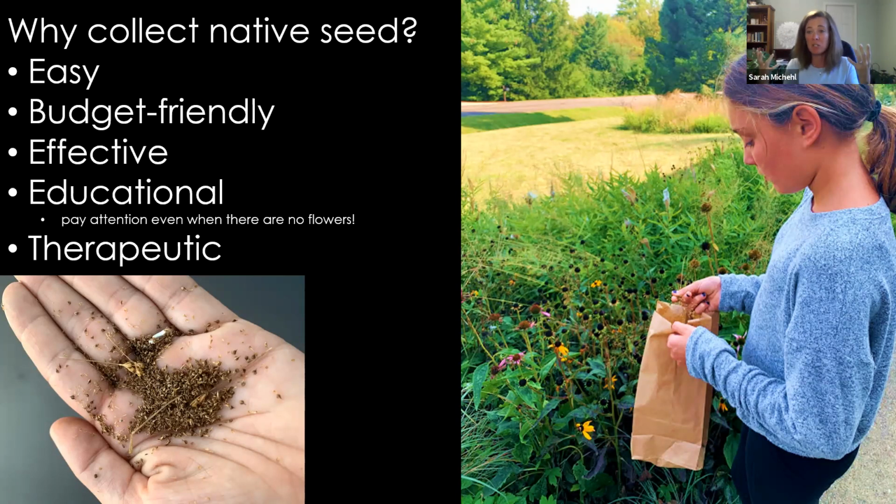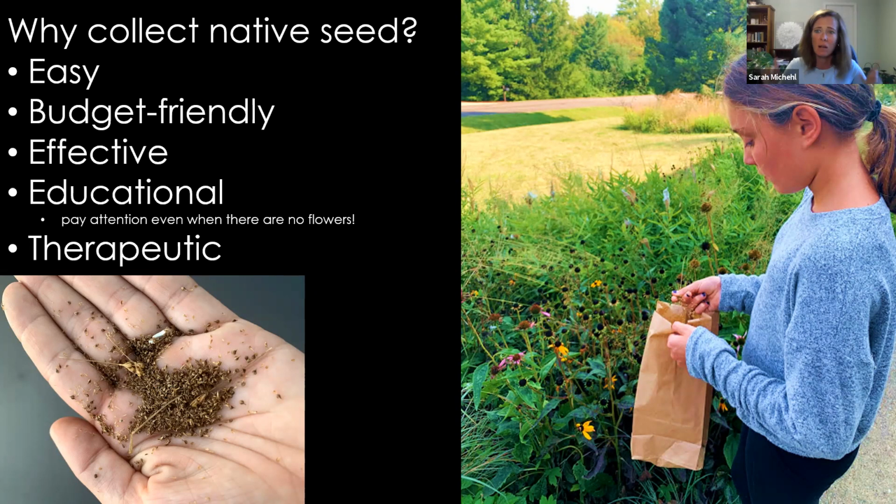So you're exponentially increasing your investment as well when you put these native plants in your yard and then collect their seeds. Even if you just have a small, tiny garden, it is very effective to spread seed. Now, you don't get 100% germination. So like every single prairie dropseed that you put down isn't necessarily going to germinate.